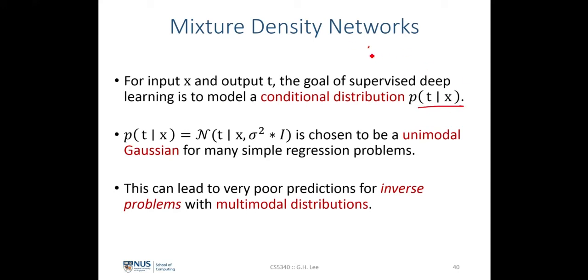What this means is that I'm learning a deep network here which takes in an input x and is going to predict some output t. And the usual way that we model this is that we will model this conditional probability t conditioned upon x in a discriminative way. So this is our posterior distribution.